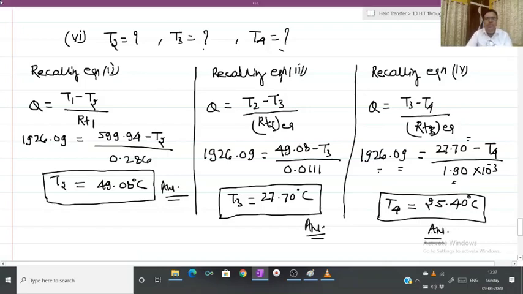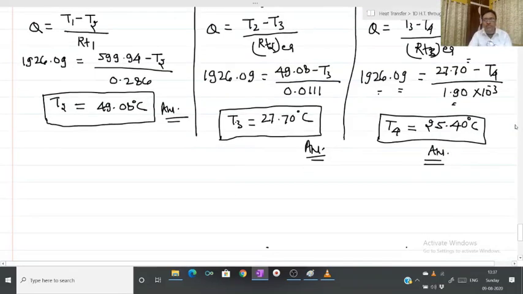So this way I could calculate T2, T3 and T4.